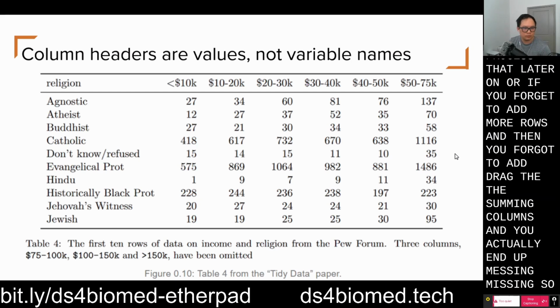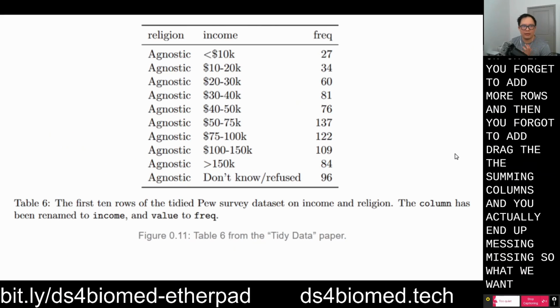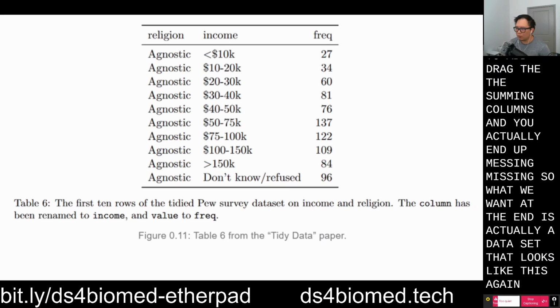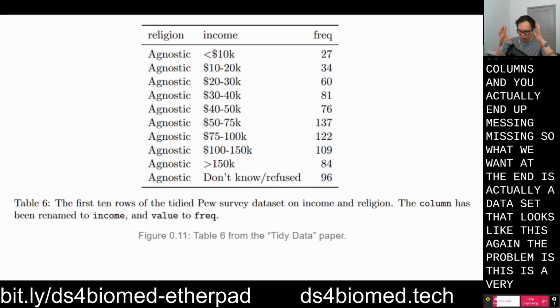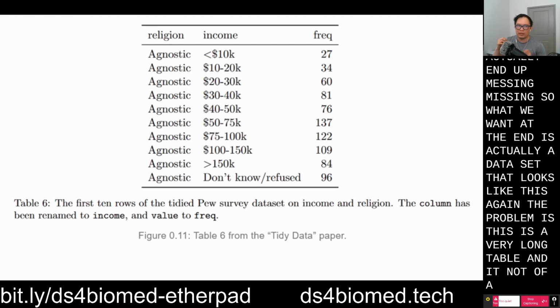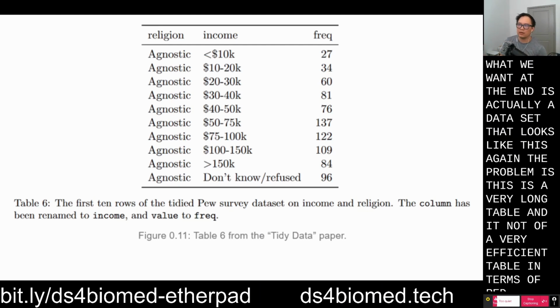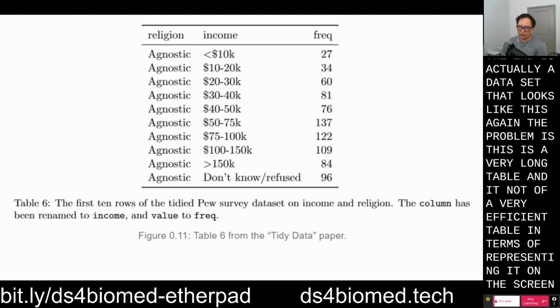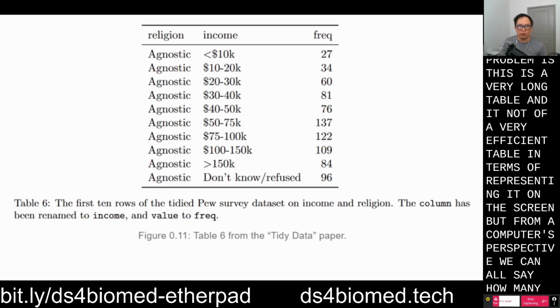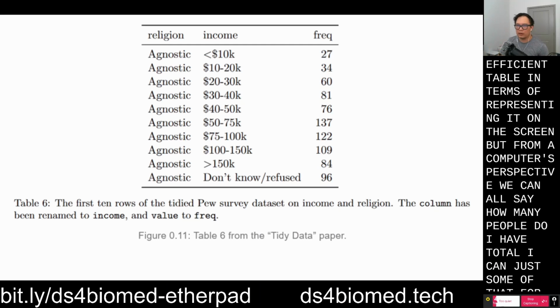So what we want at the end is a data set that looks like this. Again, the problem is this is a very long table, and it's not a very efficient table in terms of representing it on the screen. But from a computer's perspective, we can now say, how many people do I have total? I can just sum up that frequency column.